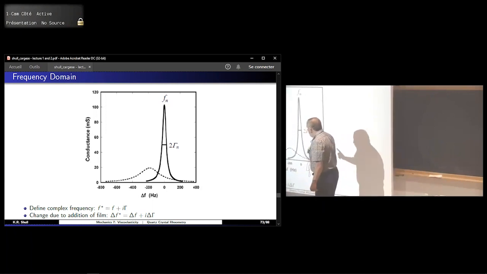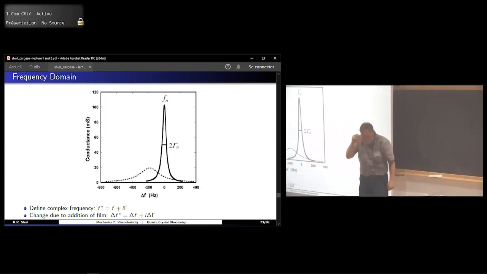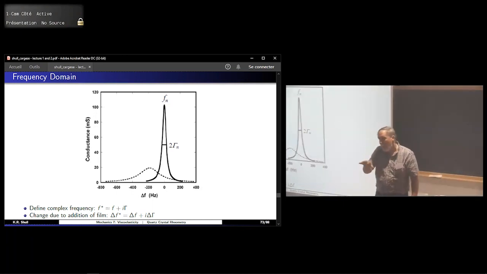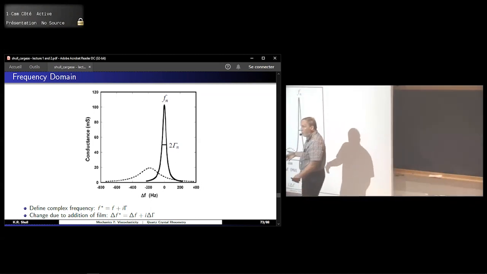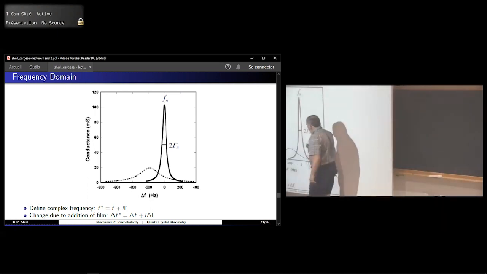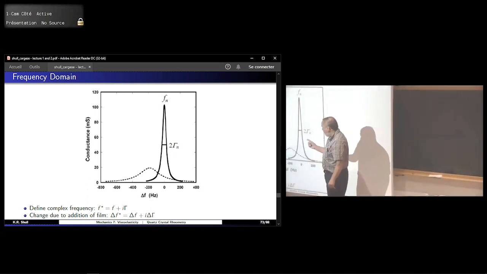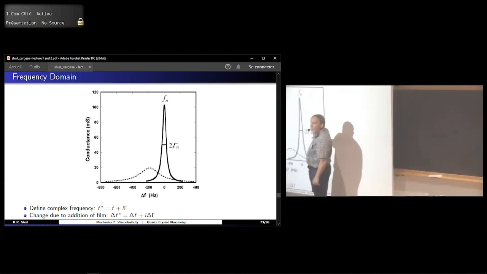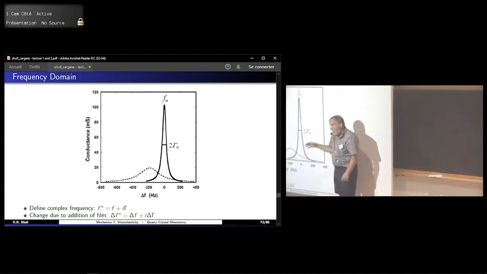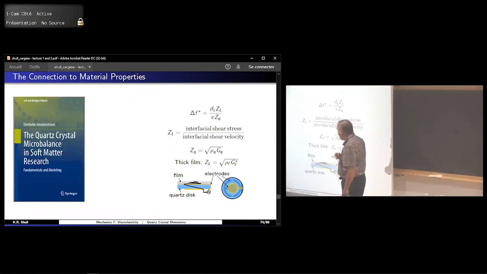So we have a complex quantity, G star, which ultimately, through a whole bunch of math, leads to a complex measurable, F star. The real part of the complex resonant frequency is the frequency shift, and the imaginary part is gamma. Both are measurable, and we can get these at different resonant frequencies.